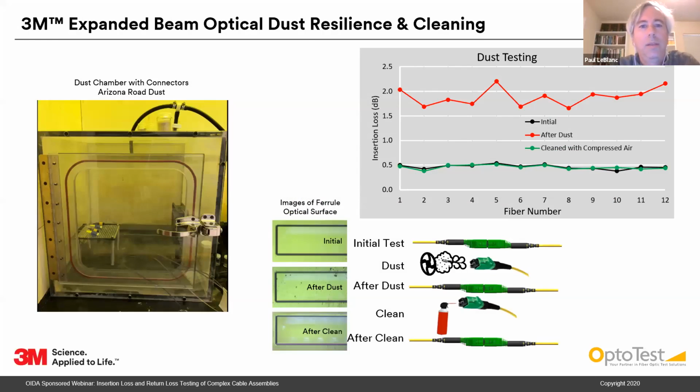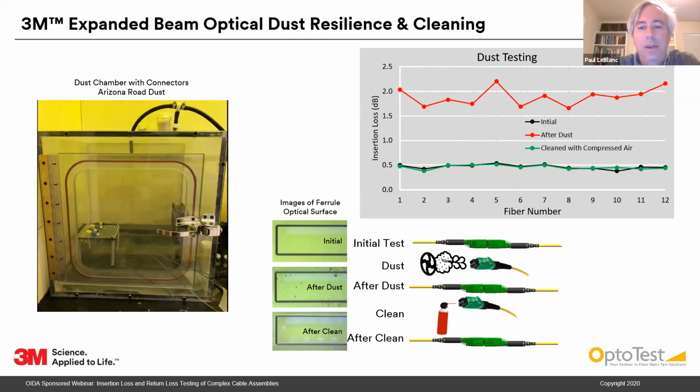So one of the advantages of expanded beam is to be much less sensitive to dust, and also to have different methods of cleaning when you have a non-contact connector. And so we did employ some tests where we subjected connectors to a dust chamber loaded with Arizona road dust and blow that around.